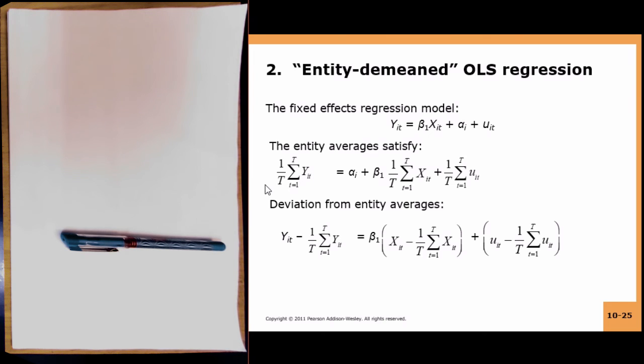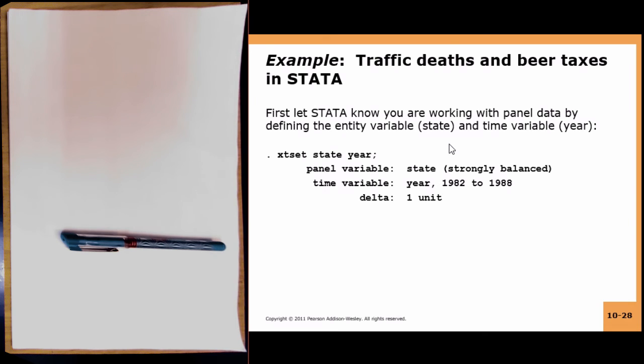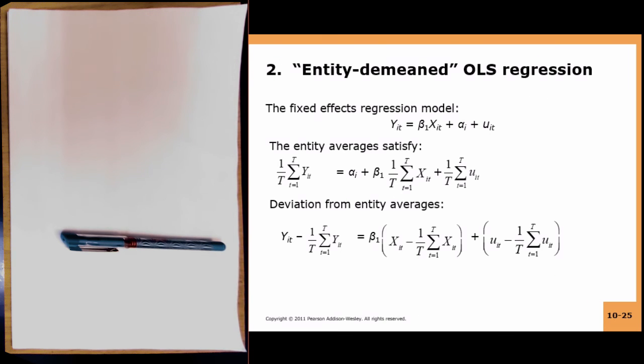It will not change anything if you sum over time and divide the whole thing by T. This is what your equation will look like.